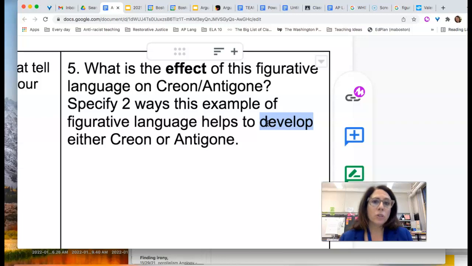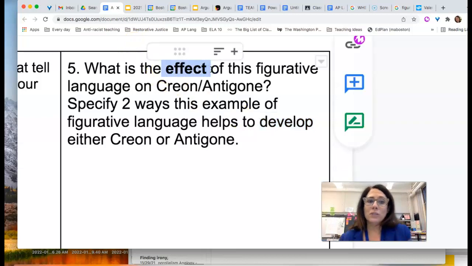So anytime you see the word develop on MCAS, think change. And to prove change, you have to identify, obviously, how they changed. So Antigone was one way, and now she's another way, as a result of, getting back to this word effect, as a result of this figurative language example, because, right?